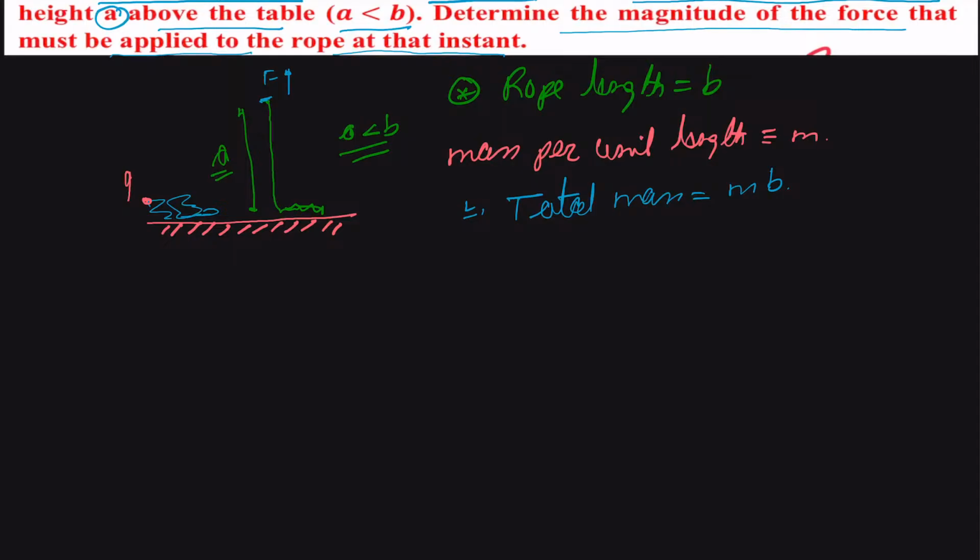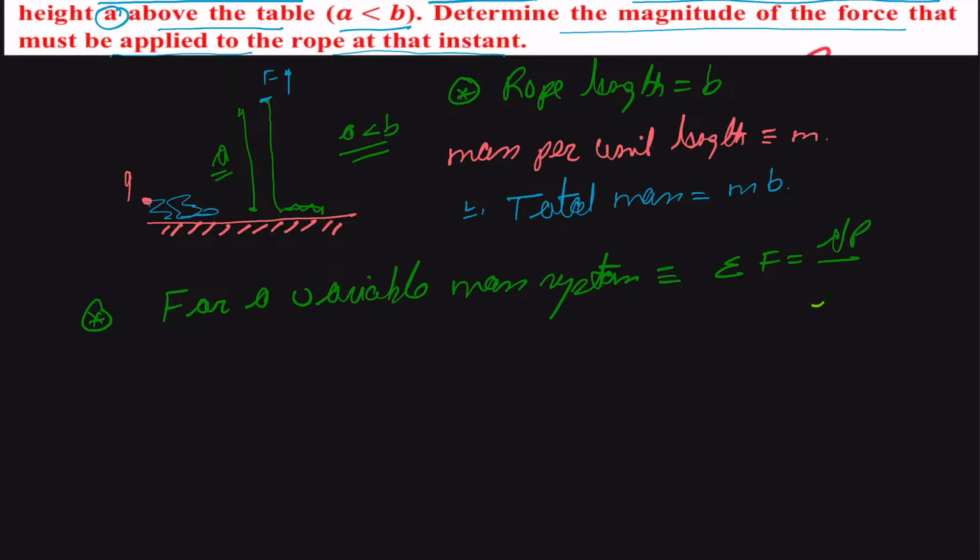Therefore we can say that for a variable mass system, we are going to use the relationship that the summation of the forces will be our rate of change of momentum.